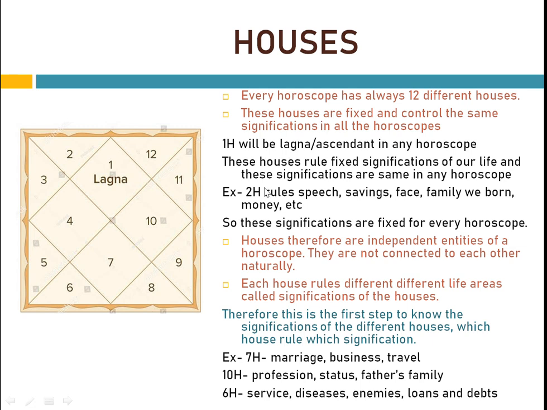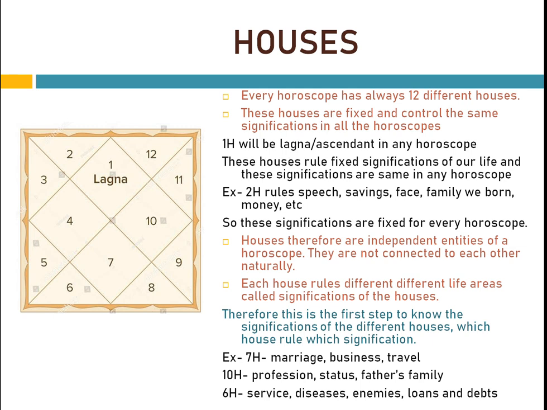Now, these houses rule fixed significations in our life, and they are the same for all the horoscopes. For example, the second house rules speech, savings, face, family we are born in, money, eyes, nose, teeth, etc. So these significations are fixed for every horoscope.